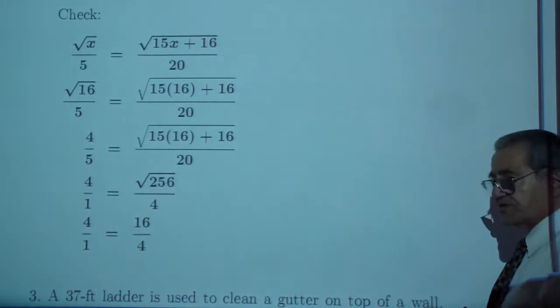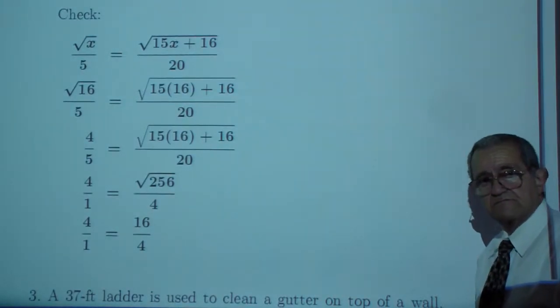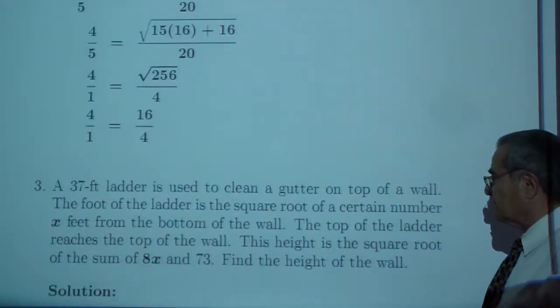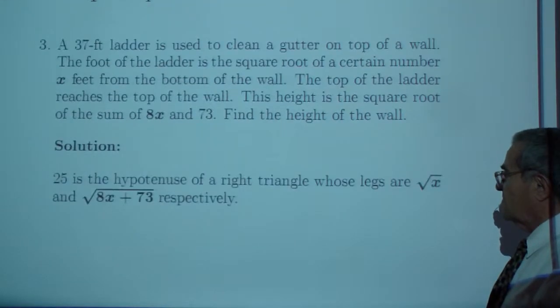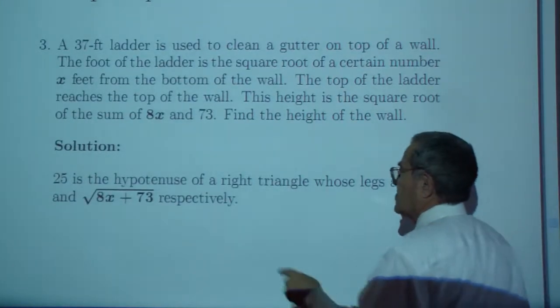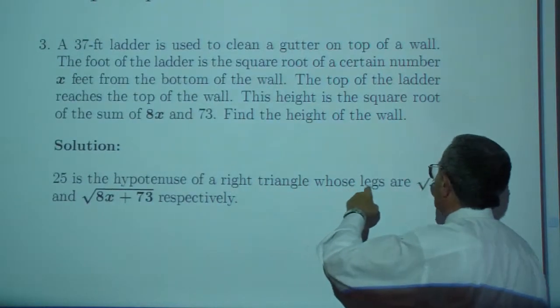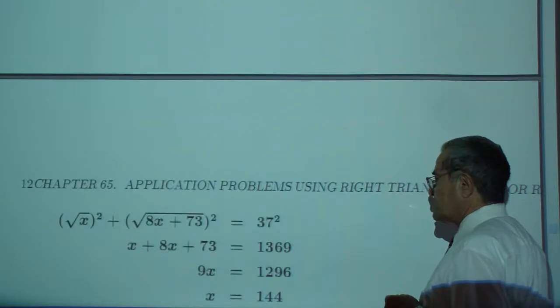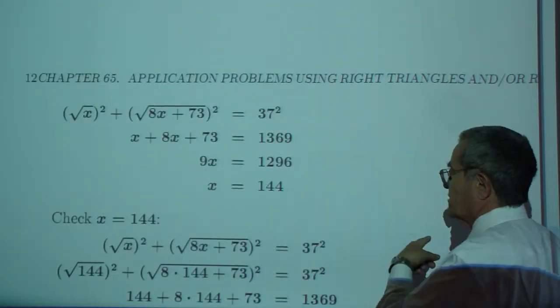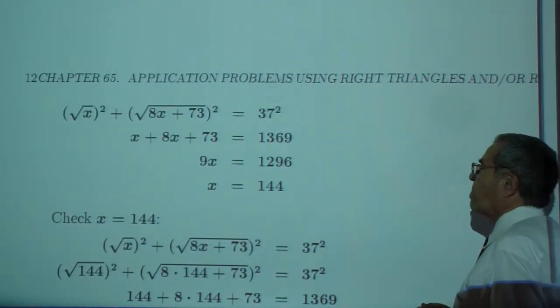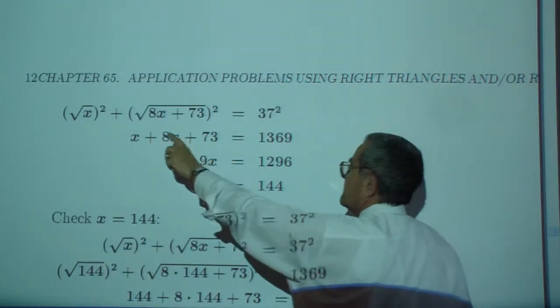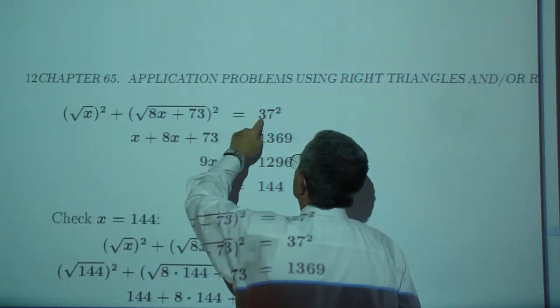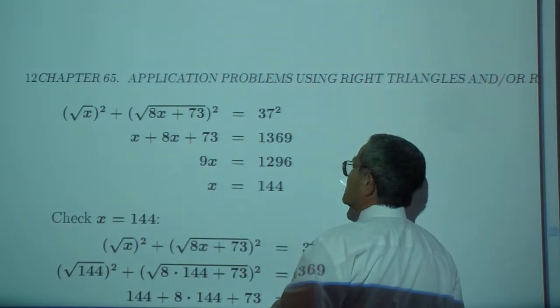Example, exercise 3. We have 25 feet as the hypotenuse of a right triangle whose legs are square root of x and square root of 8x plus 73. Again, a diagram would have been handy. The sum of the squares of the legs equals the square of the hypotenuse.